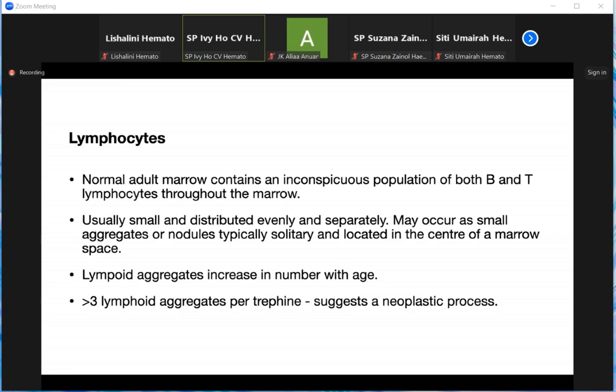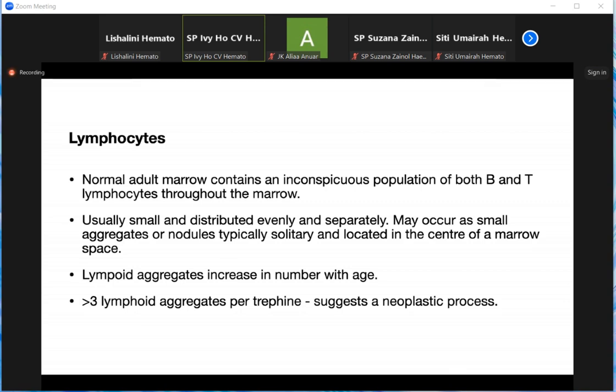They might form small aggregates or small nodules. But these lymphoid nodules normally are not close to the bone. They are in the center of the marrow spaces. Of course, there are variations with age.